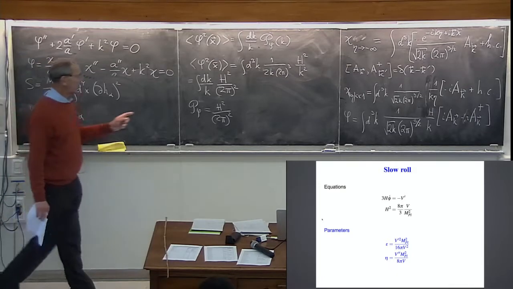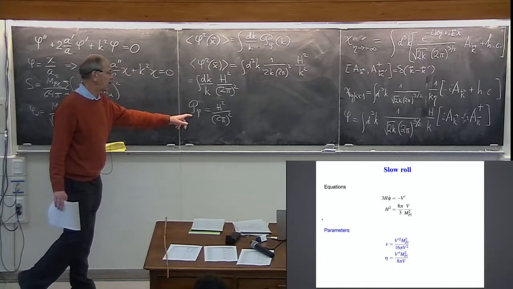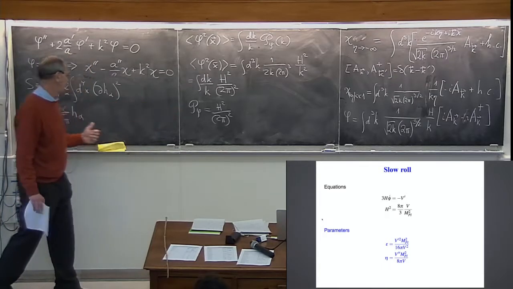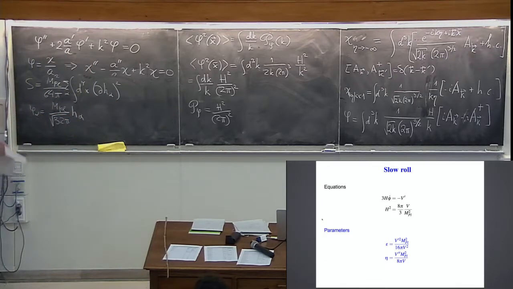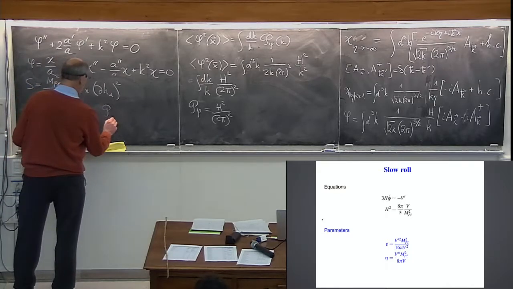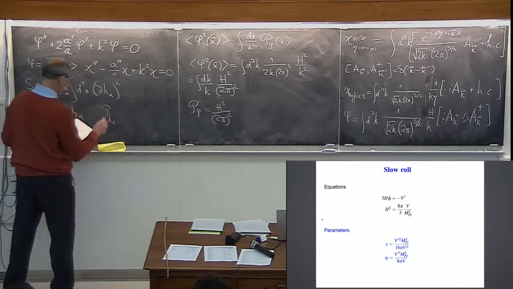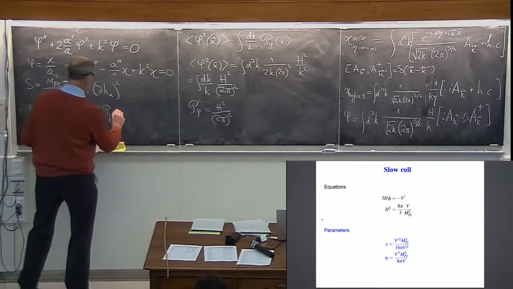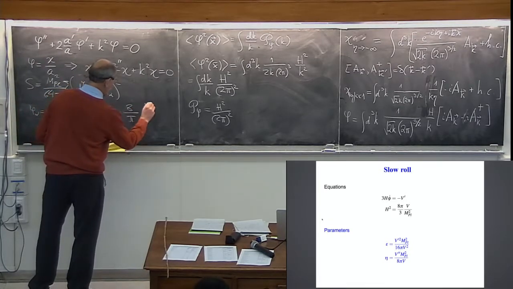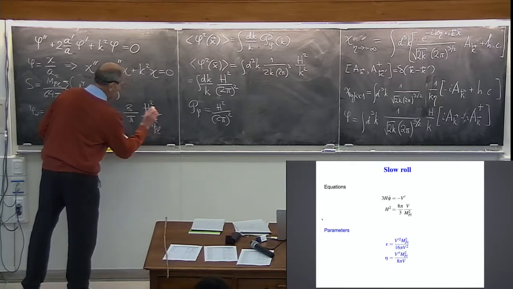So for each phi_alpha of a given polarization, I have this power spectrum, and from that you get the power spectrum for h_alpha, and the power spectrum for h_alpha for each polarization is 8 over pi, H squared over M_Planck squared.